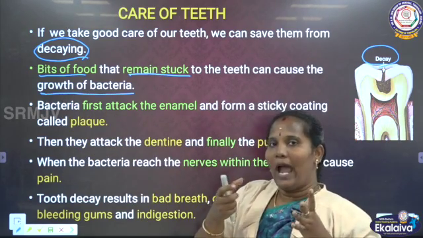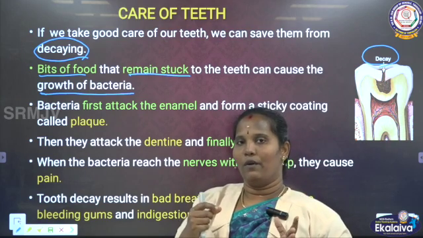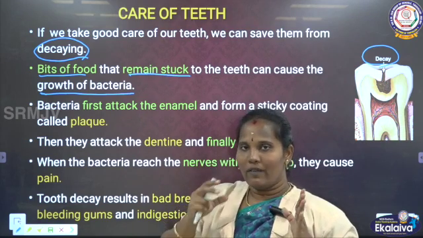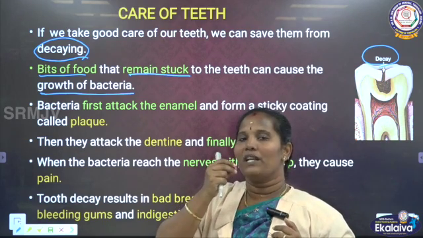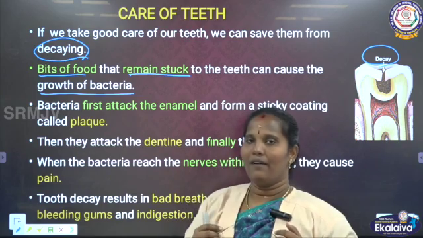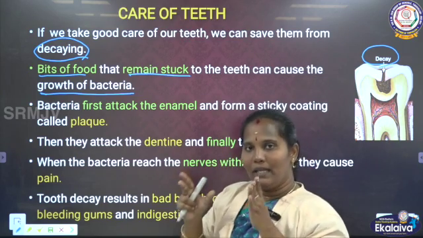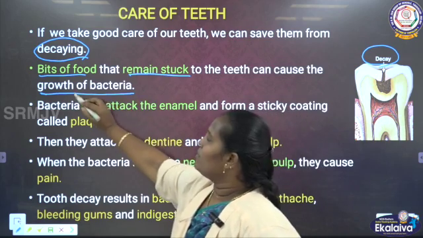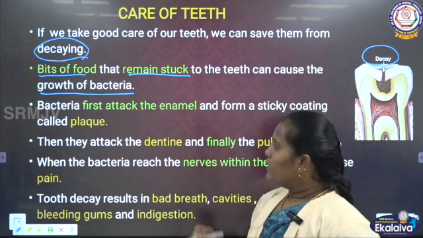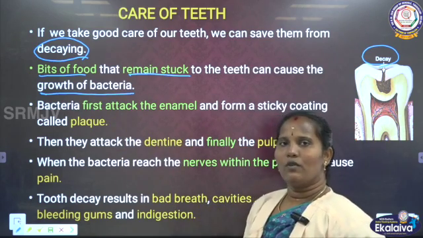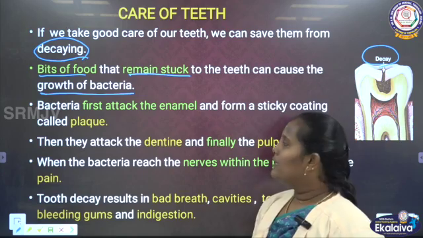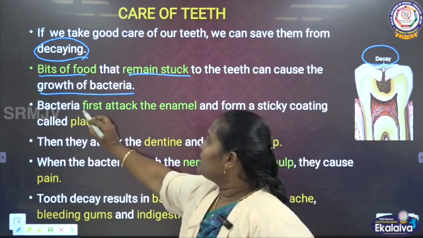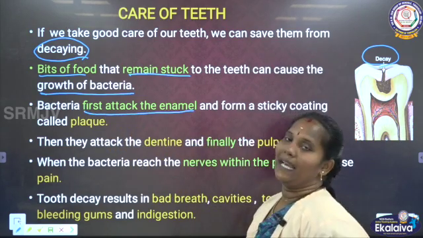If at night you had some heavy food, food particles always get stuck in between the gaps while we are eating. The stuck food remains in the same place, so what will happen? Bacteria will grow in that place. If the bacteria are growing, they first attack the enamel.